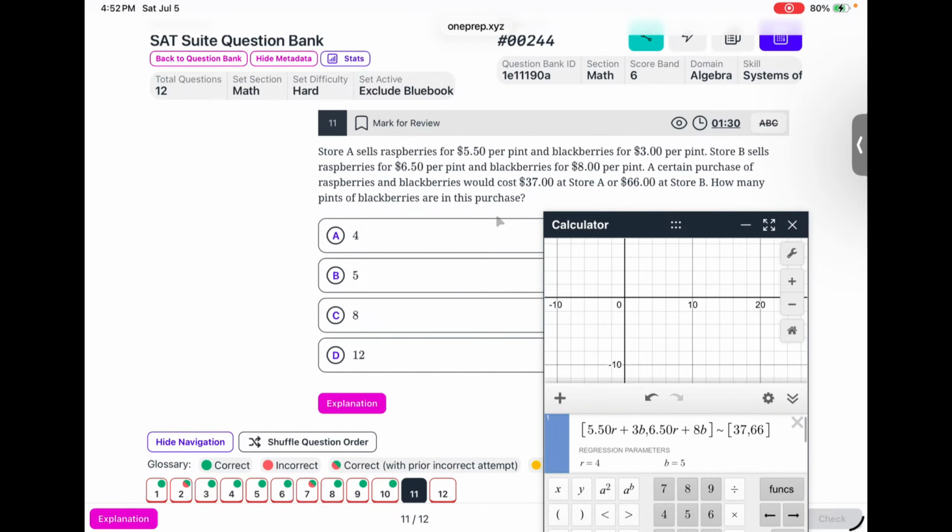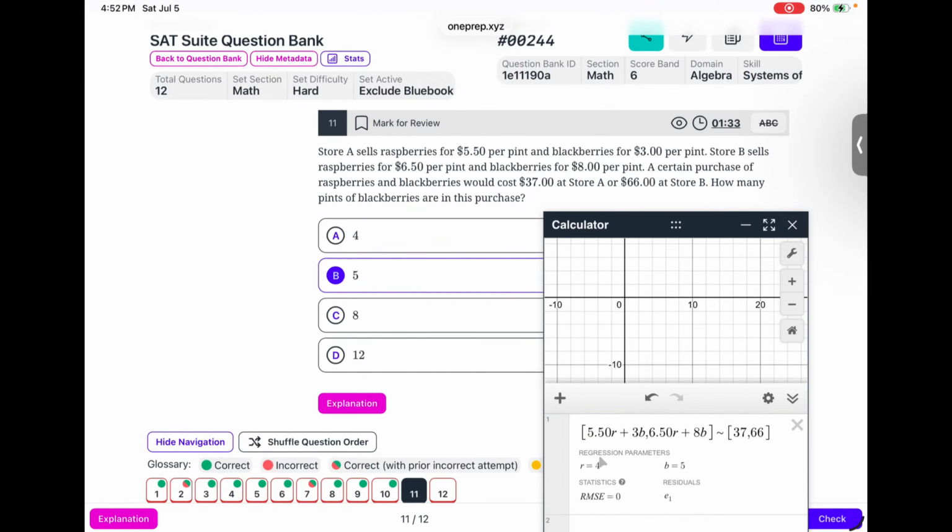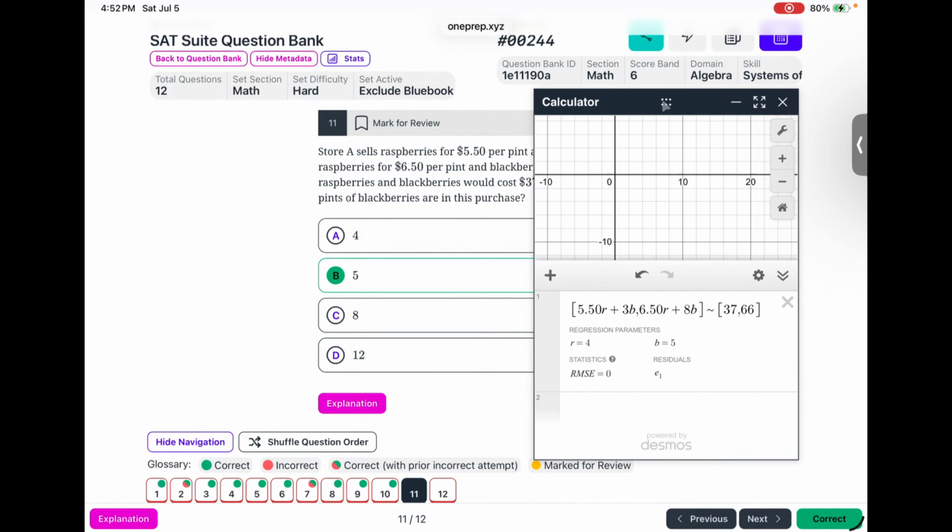So now the number of blackberries is 5 right here. Just check that, and that's correct. So yeah, if you want me to show off the calculator, here is what it looks like.